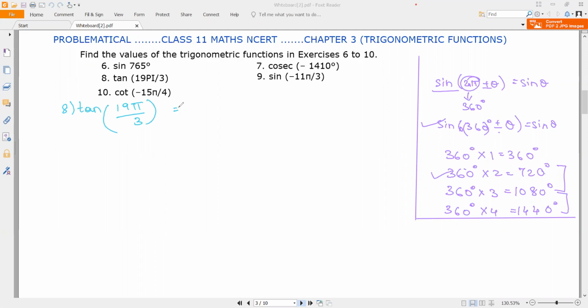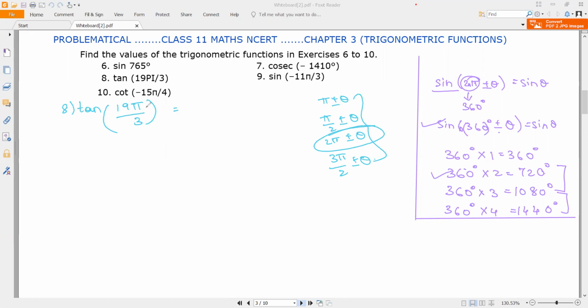To get to this value, you can also use other forms like pi by 2 plus minus theta, pi plus or minus theta, 2 pi plus or minus theta, or 3 pi by 2 plus or minus theta. Any form will help you to reach your answer properly in a simple manner. But we will mainly try and focus on this value.